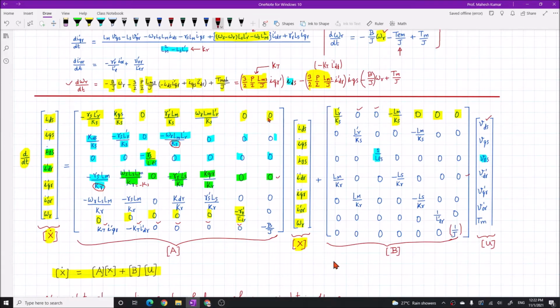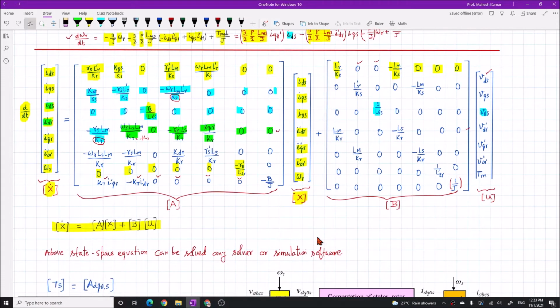So this is the complete model of the DFIG in the form of state space. We can write the whole model like this: x dot equals AX plus BU, where A is this whole matrix, this is the B matrix, and their dimension is 7 by 7 because this involves the 7 state variables.